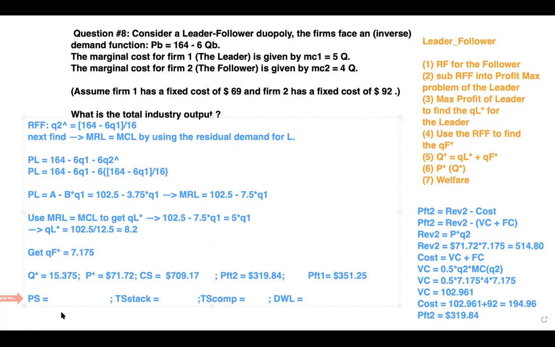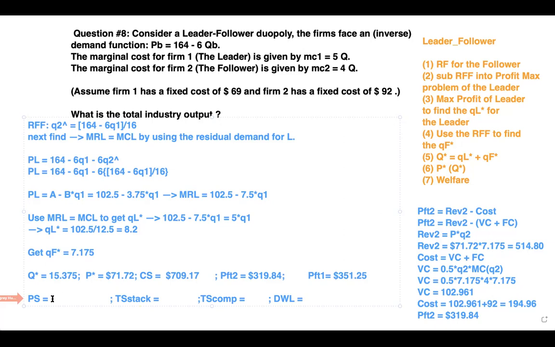That kind of confuses me, because the profit for firm 2 is 319, and if I add back his fixed costs of $92, his producer surplus is really close to 410. And for firm 1, if I add back the $69, his producer surplus is also close to 420. So if I add them together, I should be getting something greater than $800, right?